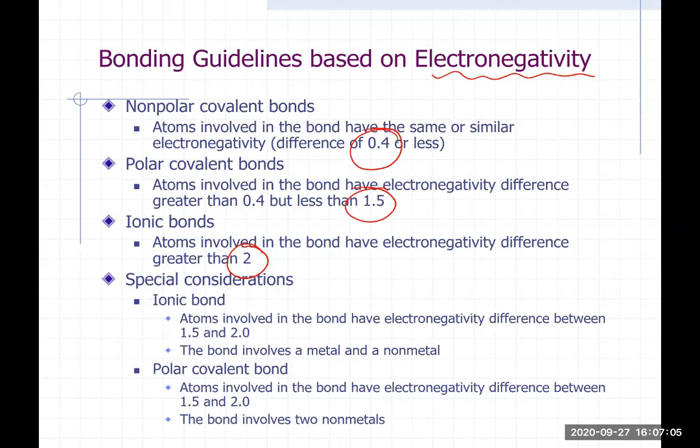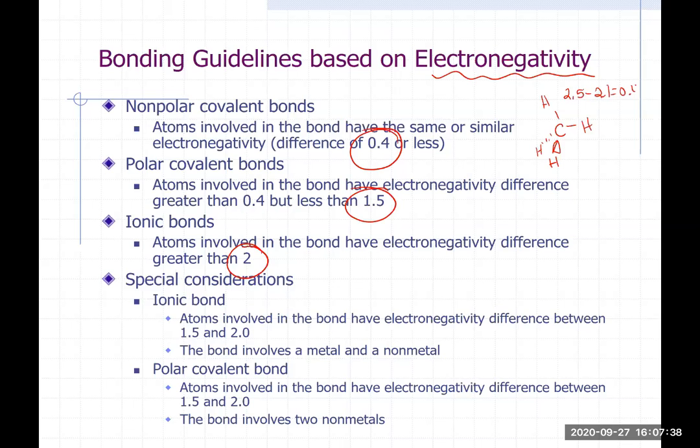Now let's think about this. We looked at a hydrocarbon bond, and so we could look at, for example, methane with 109-degree bond angles, tetrahedral, and we know that we have a carbon with 2.5 electronegativity and a hydrogen with 2.1.